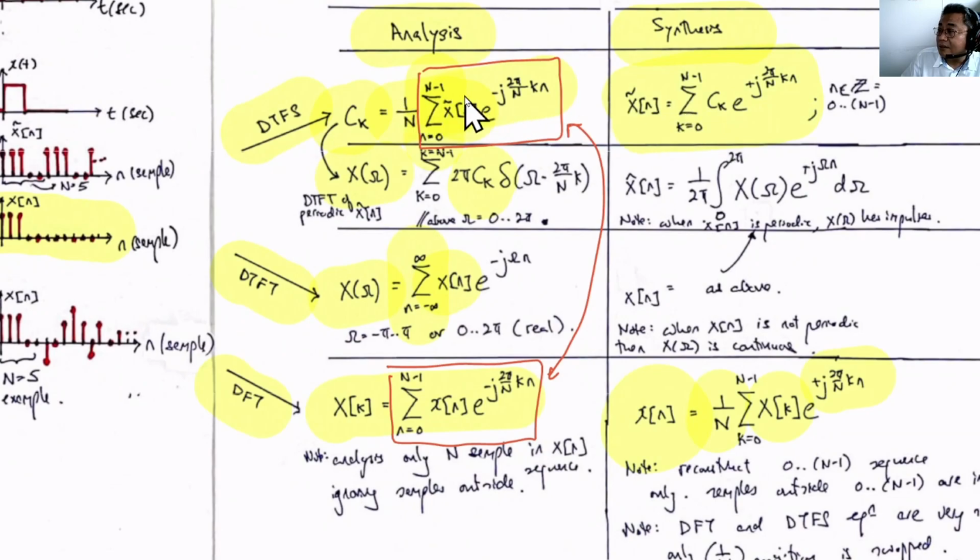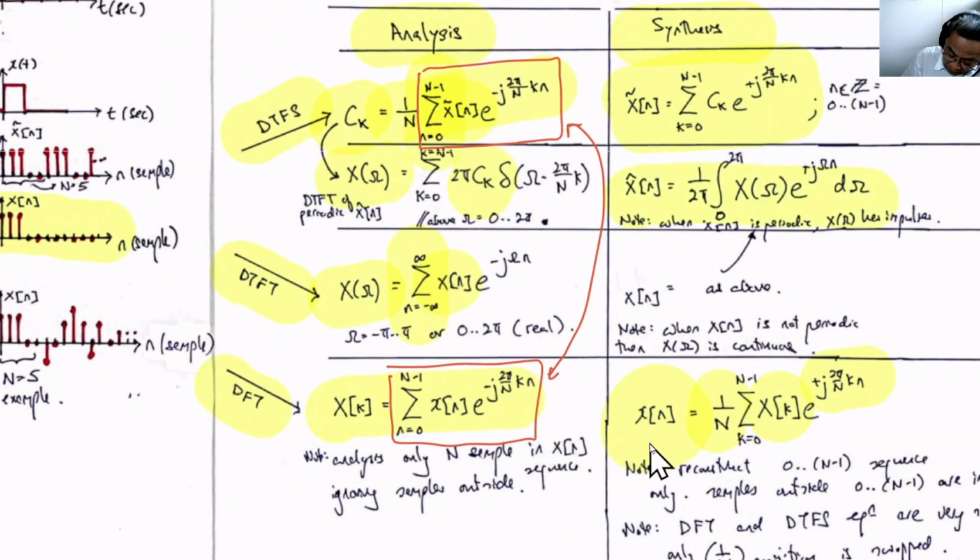You'll realize that DFT's formulation is very standard, but not the DTFS formulation. This 1 over N becomes 1 over root N, and so on, in different books. But the take-home message, at least to this point, is that all these equations are for analysis and synthesis, and in this one page you can see all 6 of them.